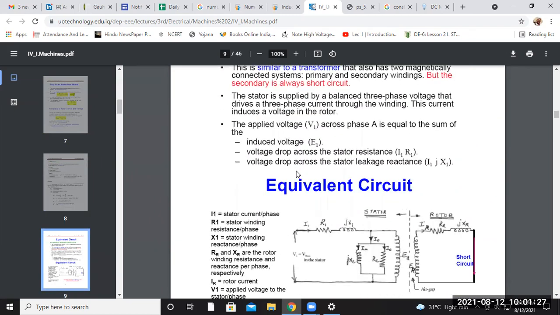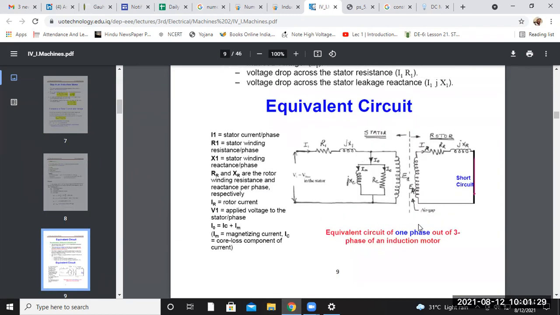So now let us move to our equivalent circuit diagram, in which this is your primary side and this is your secondary side. Primary side components are the stator part of the induction machine, and this is the rotor part. Here you can see it is quite similar to a transformer, where this is your V1, the primary side voltage.